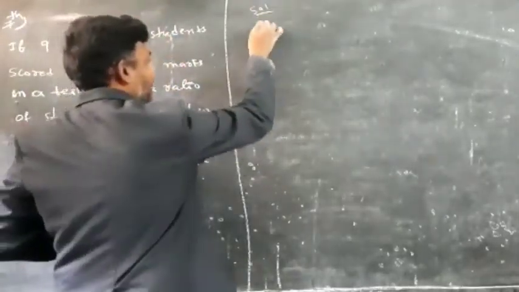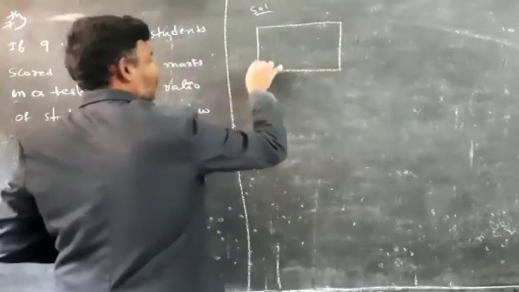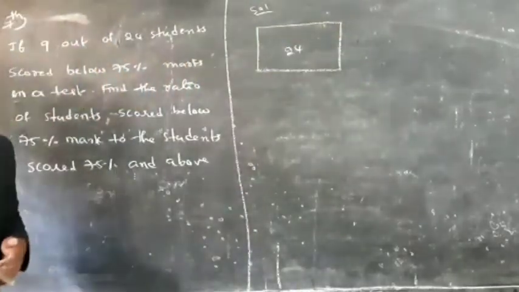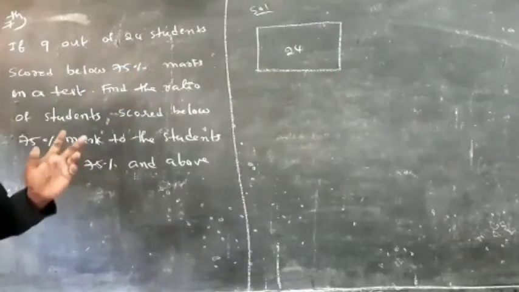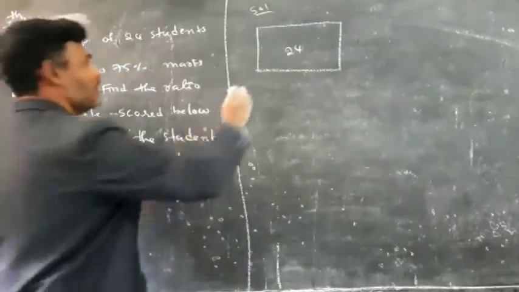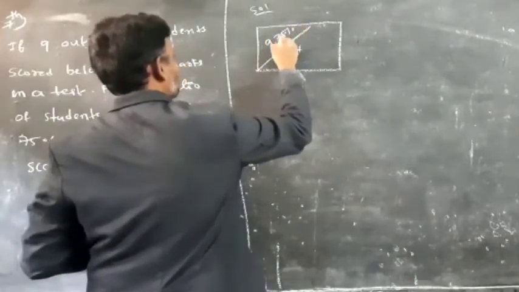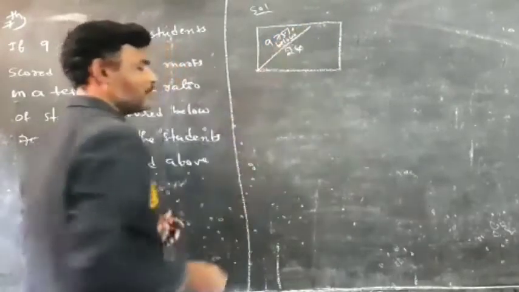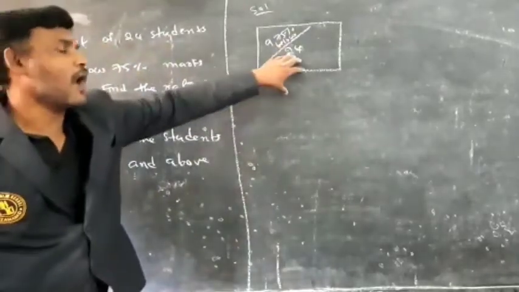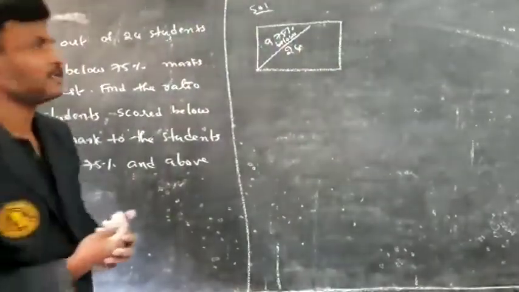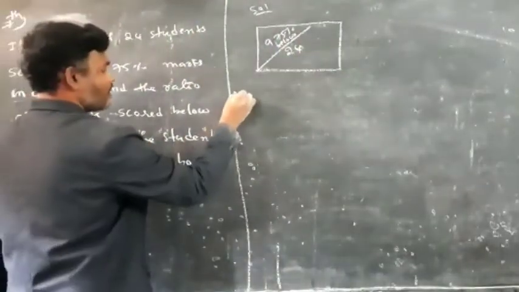Solution. Here in a classroom, there are 24 students. Out of the 24 students, 9 scored below 75%. I don't know how many students scored above 75%. See here.